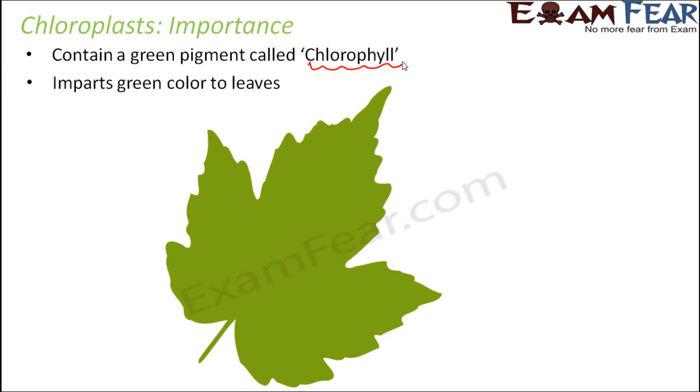Now, since chloroplast is so very important, we will spend some more time to understand the structure of chloroplast. So, where exactly is this chlorophyll pigment present? We all have studied the anatomy of a dicot leaf. There we have seen that chloroplast is present in the mesophyll layer. Do you remember? So, we will talk about that structure very soon.